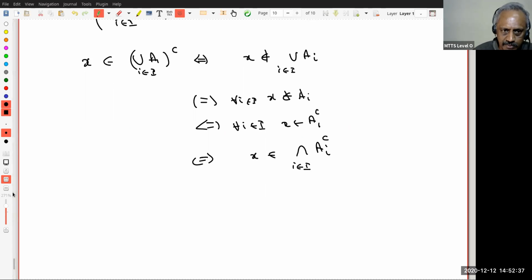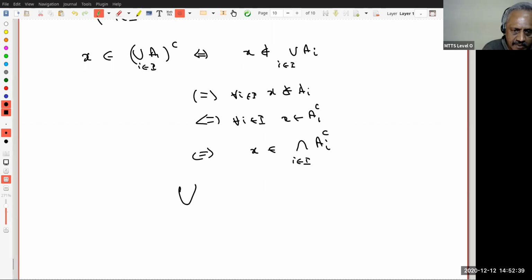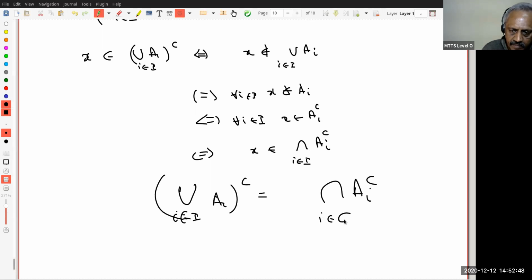So we have proved the result: the complement of the union of A_i, i in I, is the intersection of A_i complement, i in I. And similarly, the intersection case also you can see. It's an exactly similar proof, but you should try on your own. And this is enough.